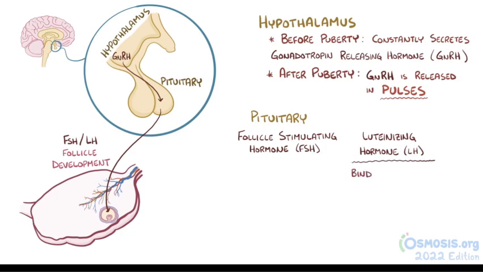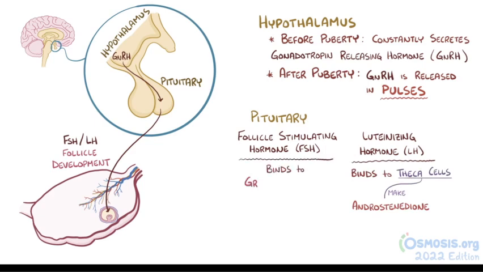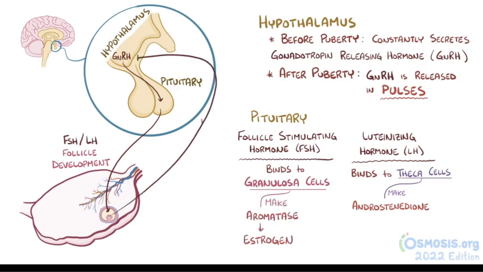LH binds to LH receptors on theca cells, making them secrete androstenedione. FSH binds to FSH receptors on granulosa cells, and they make aromatase and, as a consequence, estrogen. Serum levels of estrogen and progesterone act as feedback for the command center in the brain, which adjusts its hormone production according to the phases of the menstrual cycle.